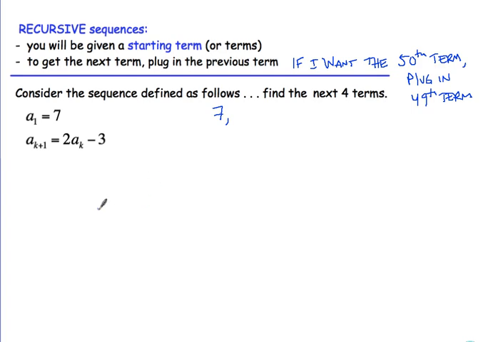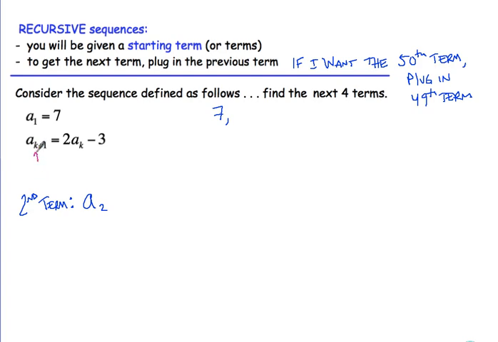If I want the second term, let's say I want the second term. That would be denoted with an a sub 2. Okay, now what would I have to plug in for k in this equation in order to get an a sub 2? What would have to go in for k? Not a 2, because that would be 2 plus 1, which is 3.